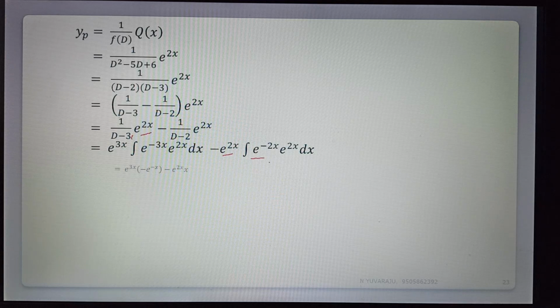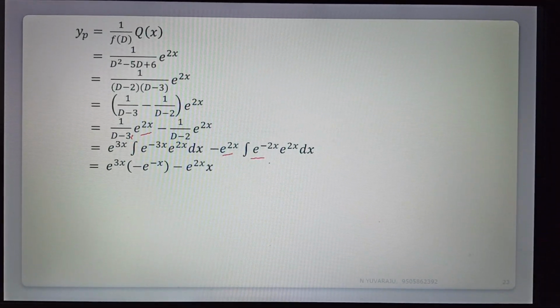That is equal to, integration finding here. So e power 3x into integration of e power minus x. Integration of e power minus x is minus e power minus x, minus e power 2x into integration of e power minus 2x into e power 2x, which is e power 0, that is integration of 1 dx.